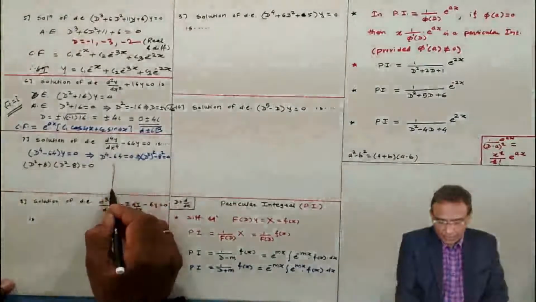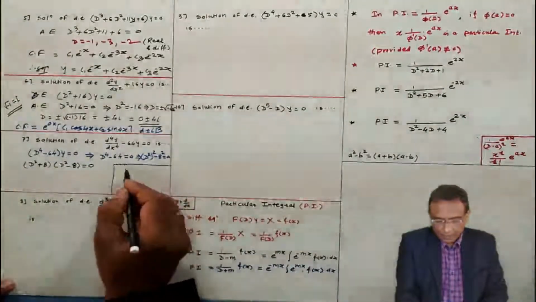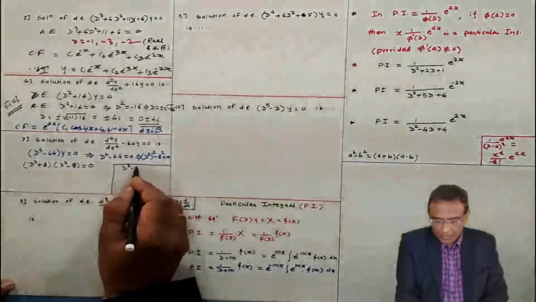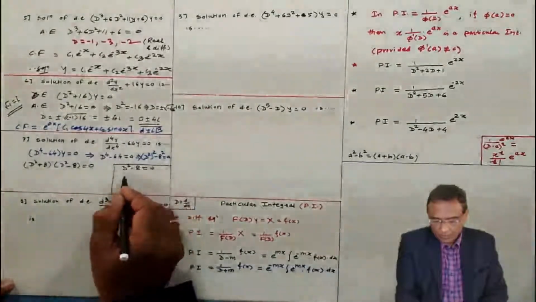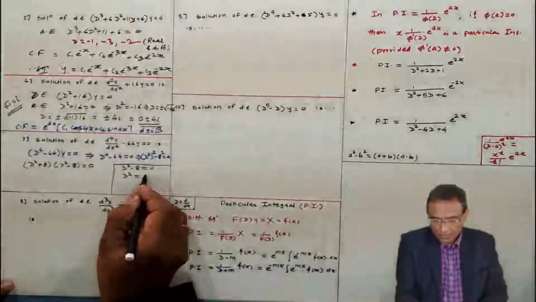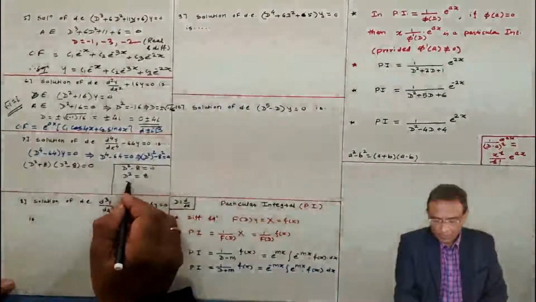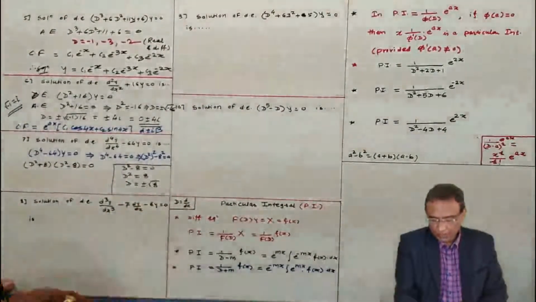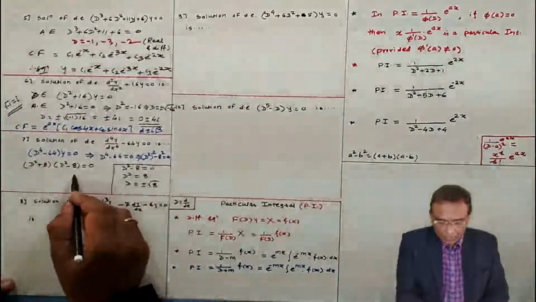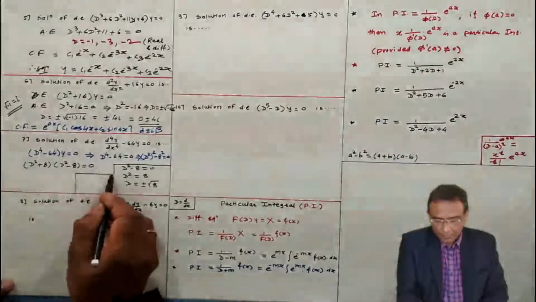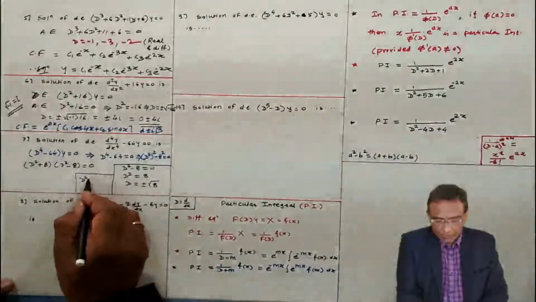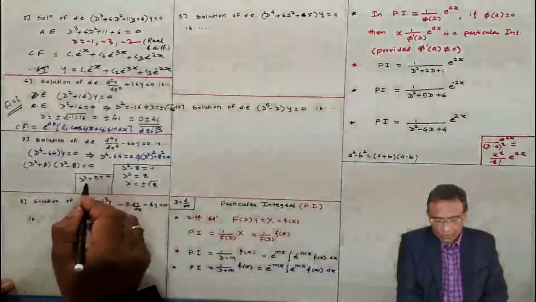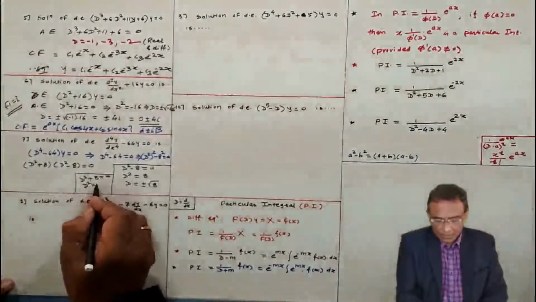Now here D square minus 8 equal to 0. Therefore, D square equal to 8, you can use the calculator also here, and D equal to plus minus under root of 8. And D square plus 8 equal to 0 means D square equal to minus 8.